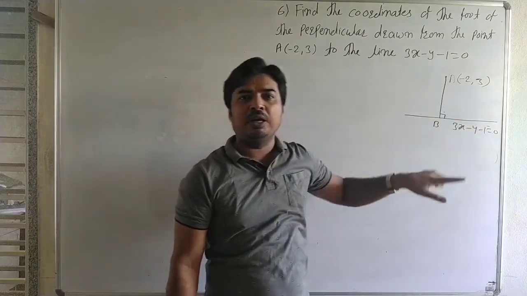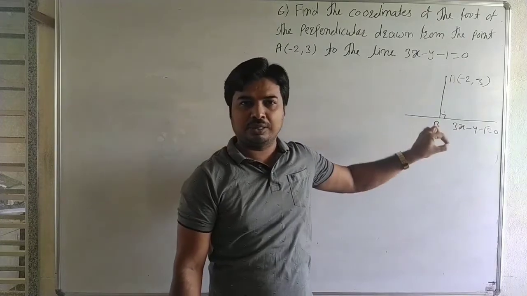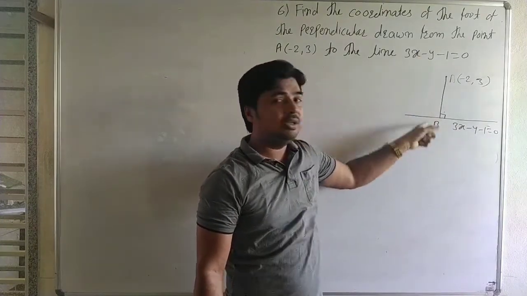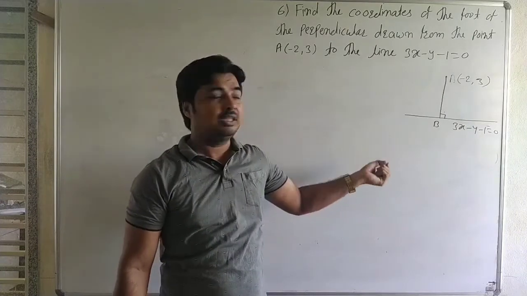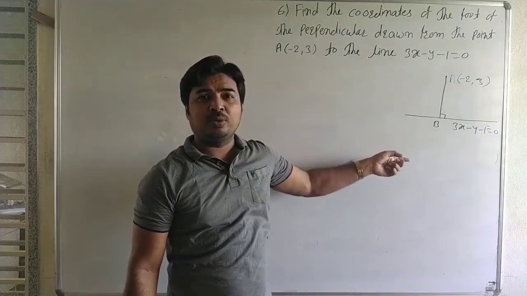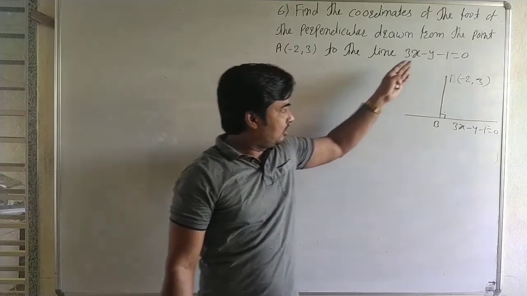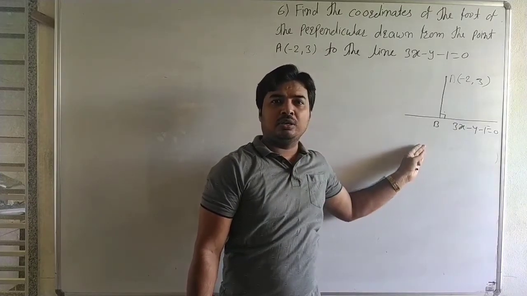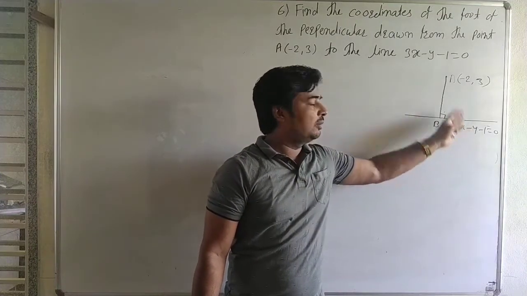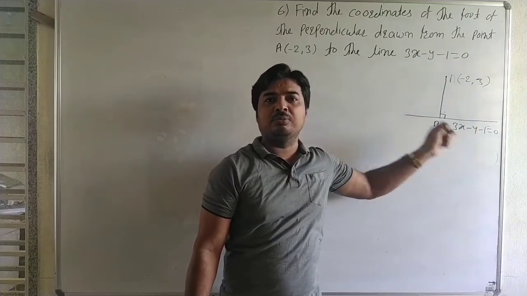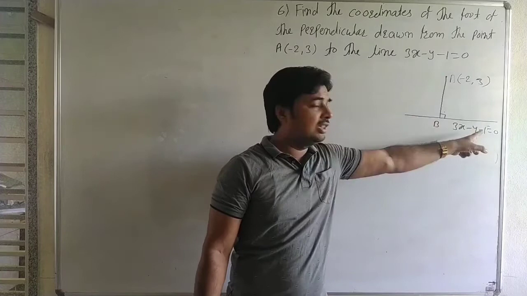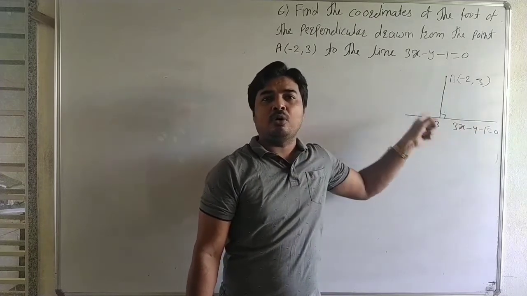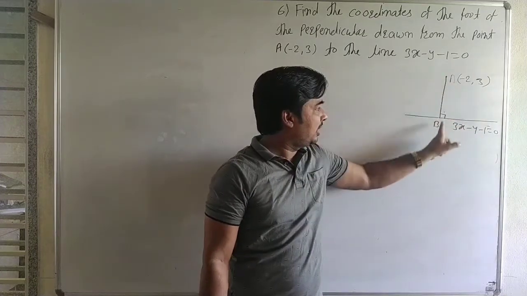Therefore the slope of the perpendicular line is minus 1 by 3, that means the slope of AB is minus 1 by 3. Now we know the slope and a point, so we can find the equation of line AB. Then solving these two equations, we find the point of intersection of line AB and the given line, that is the foot of perpendicular drawn from A to this line.